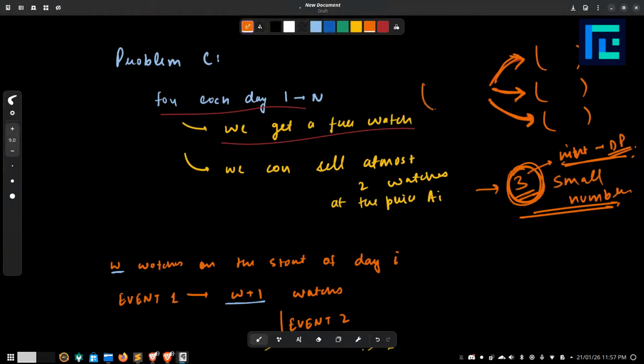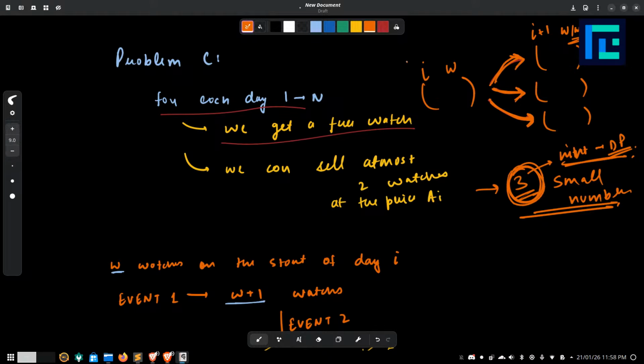Basically, we had W watches on the ith day, and now on the (i+1)th day we have W or W minus 1 watches. So we have a similar kind of state.